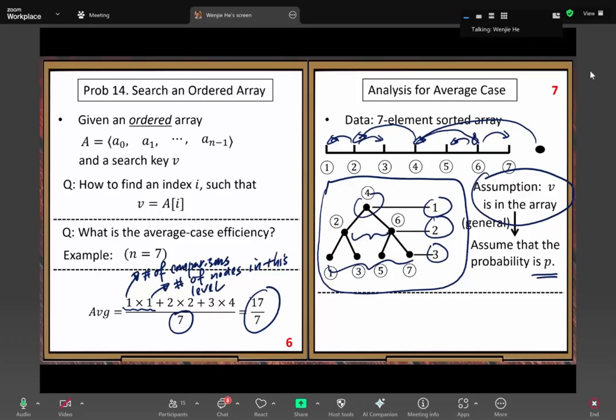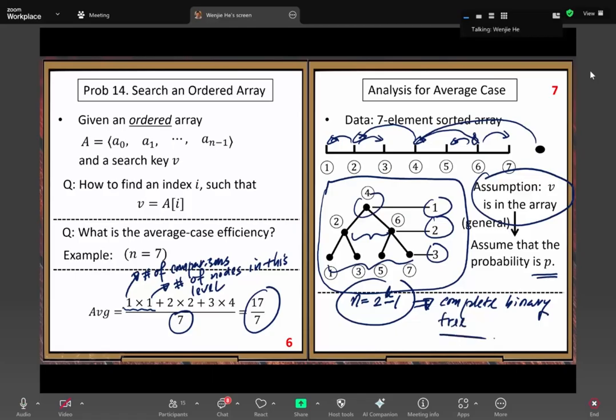So the formula people derive like this. First, they assume n equals 2 to the k minus 1, because the formula is easier for the complete binary tree. So there is a formula for this case.